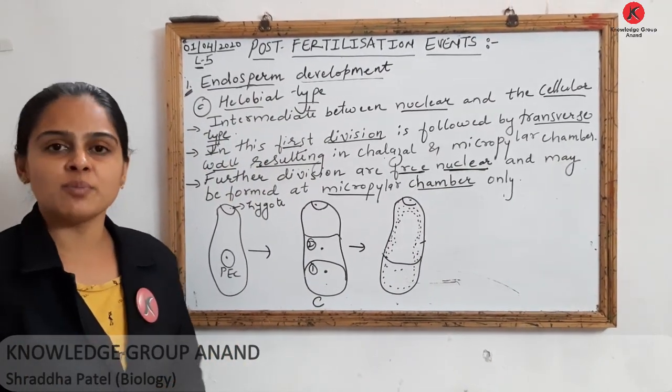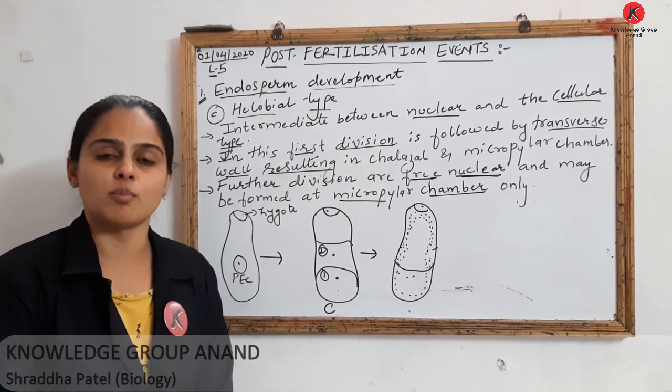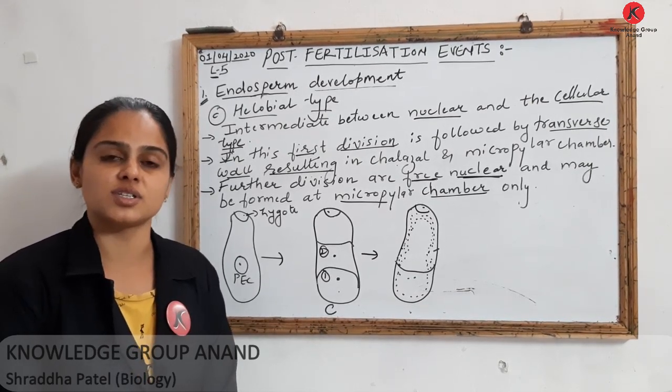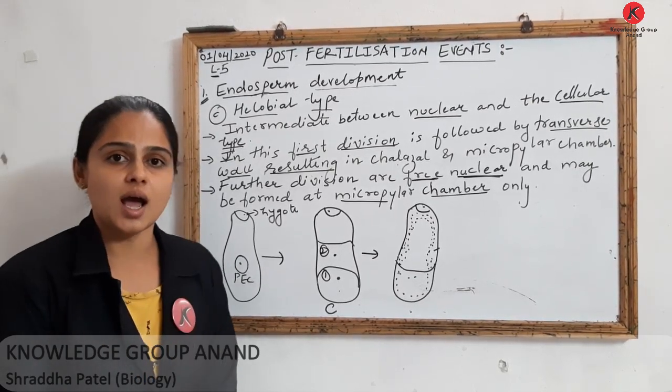So these are the types of your endosperm development. Number 1 is your nuclear, second one is your cellular, and third one is your halobial type.